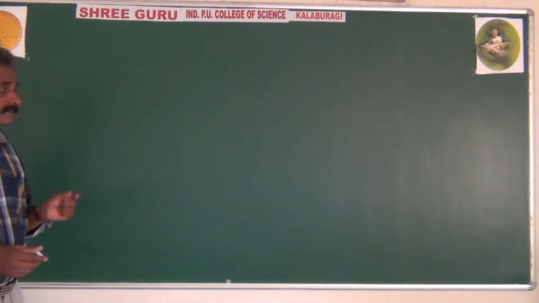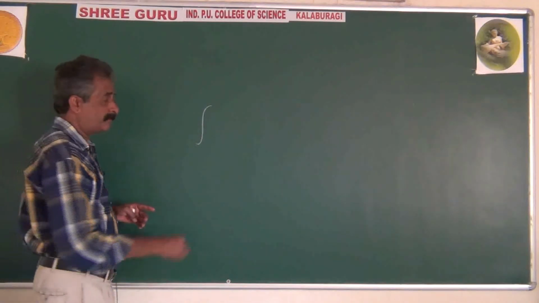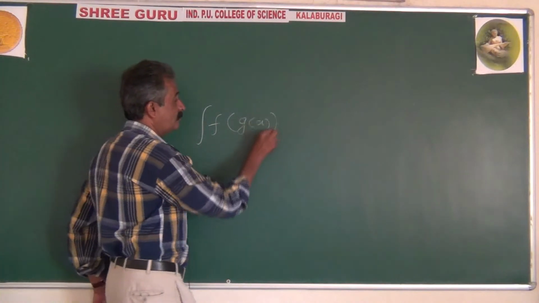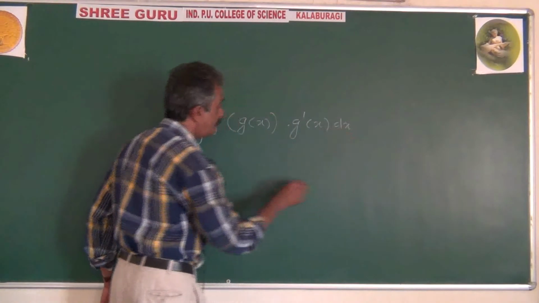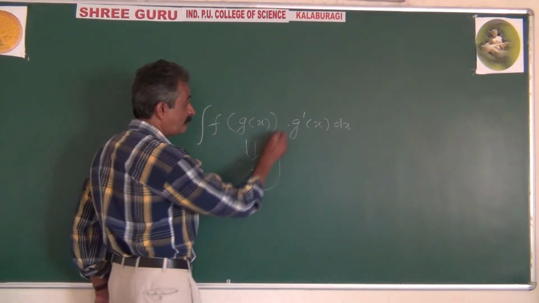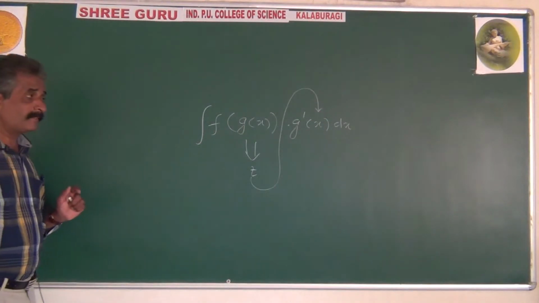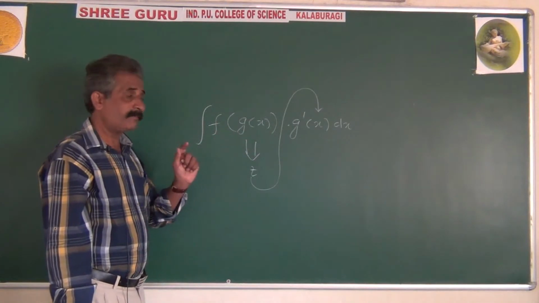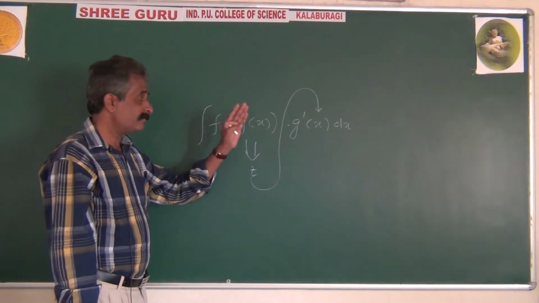Yesterday we noticed the most general form of integration by method of substitution is f of g of x into g dash of x. If this format is there, we need to take g of x equal to t, because g dash of x is nothing but the derivative of g of x.